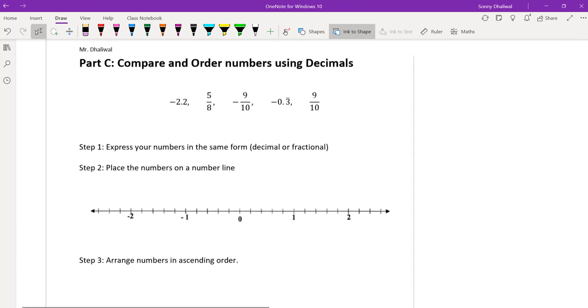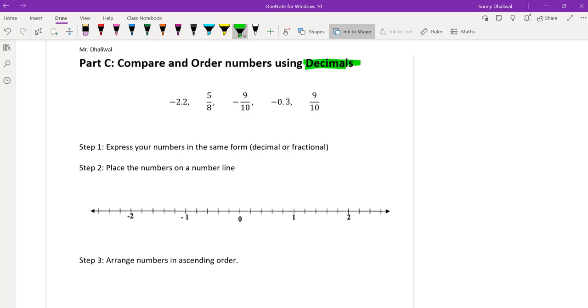Last question for today. On the previous page, we worked with fractions. This page, we're working with decimals. So we can do both things in both ways. We want to place these numbers on the number line. So we convert the fractions to decimals.